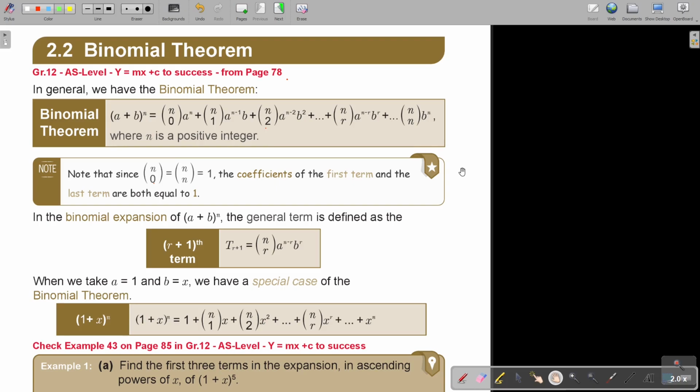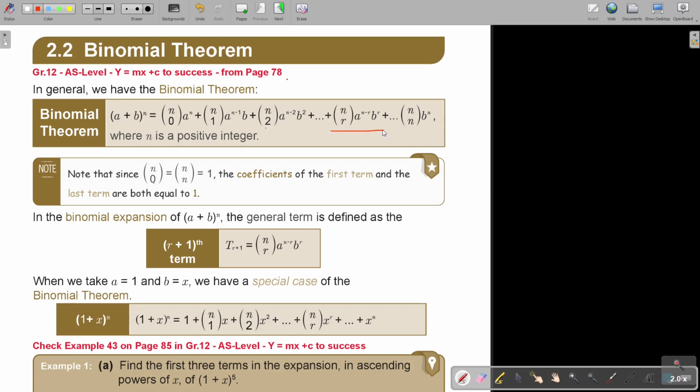But before we start with an example, let's look at the binomial theorem in general. We have a bracket to the power of n. But before I explain this, I want to first show you the general term.